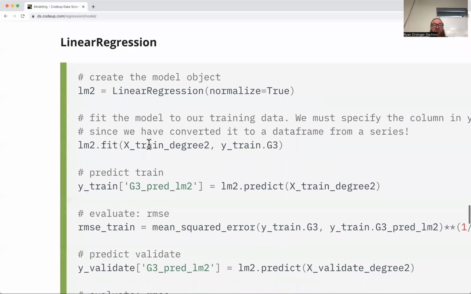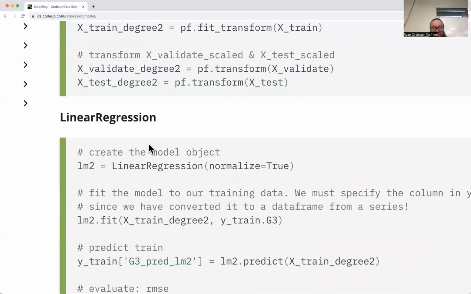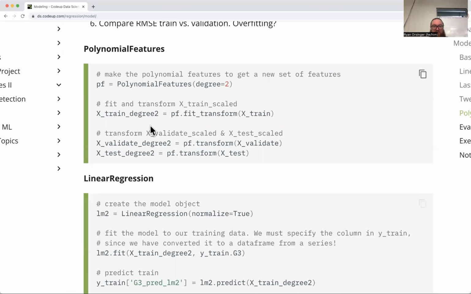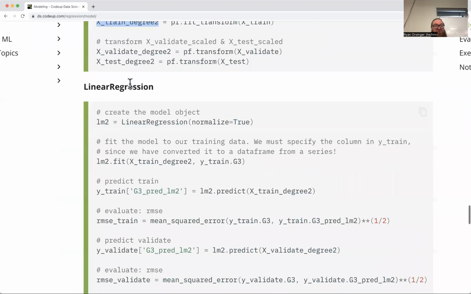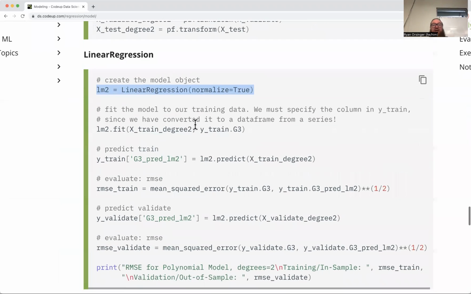And then let's see, LM2. And then notice how we have transformed features. We make a plain Jane linear regression and we fit it on the transformed features. So this is a little different than make the thing, fit the thing, use the thing.